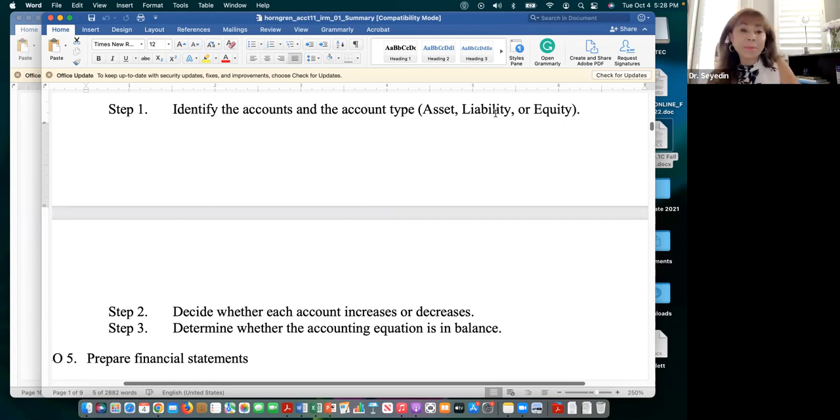Now going to liability, what do you think would be one word that would describe the liability? Anyone? It starts with letter O. Anyone?